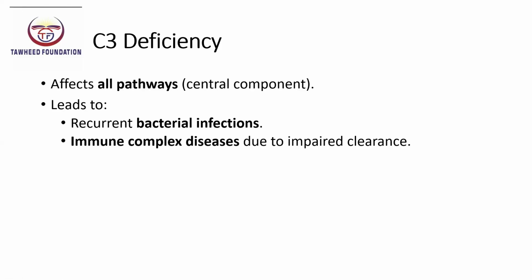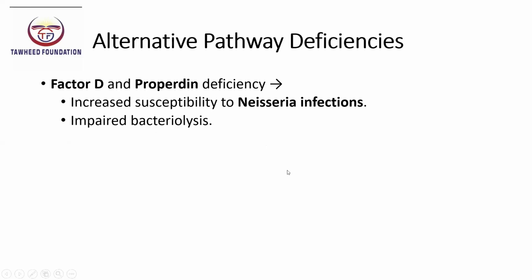C3 deficiency also causes immune complex diseases as clearance of immune complexes is dependent on C3b-mediated binding to red blood cells for removal. Thus patients show both infectious and autoimmune complications.